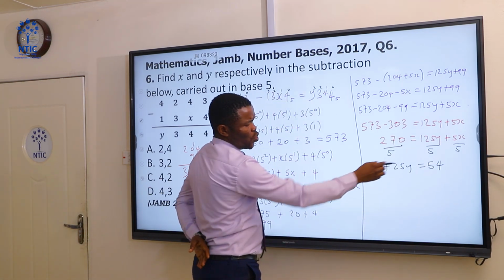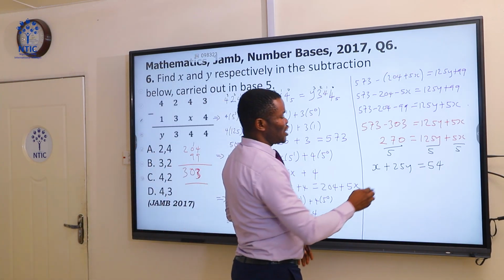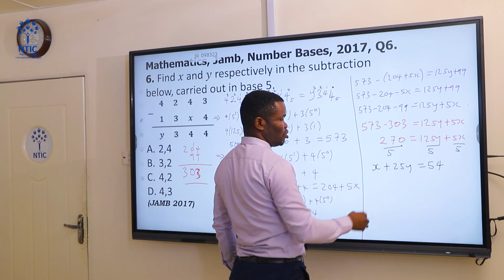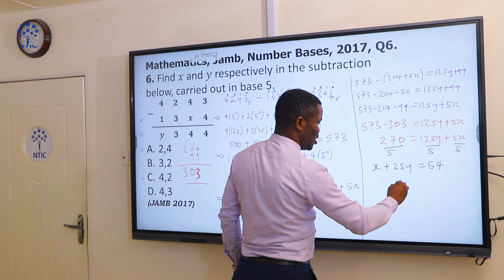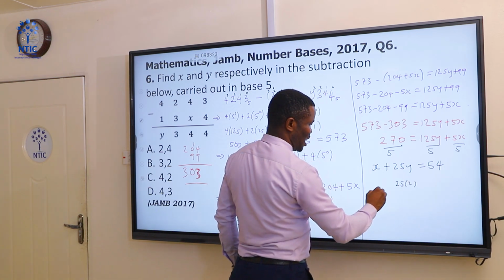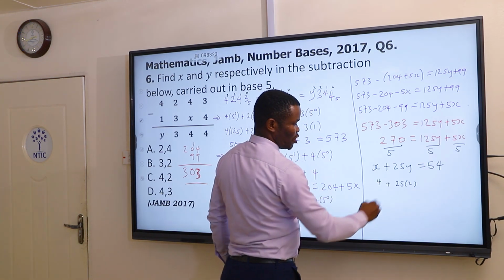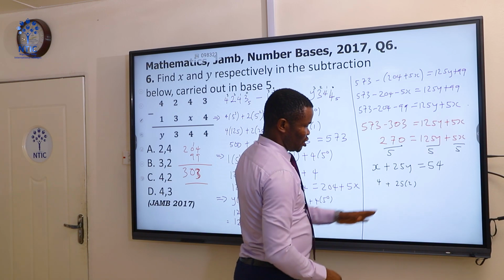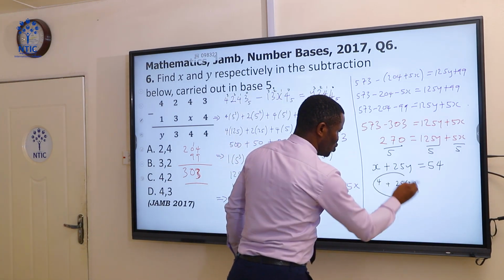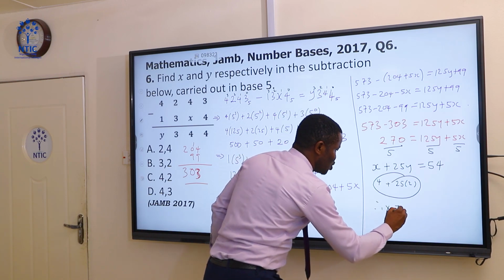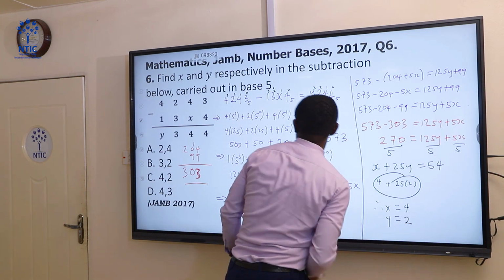So if you check this equation that we have now, you will find that the only possible numbers y and x can assume to give you 54 is that y must be 2 and x must be 4. So 25 times 2 is 50 plus 4. That will give you 54. So we can now say x is equal to 4 and y is equal to 2.